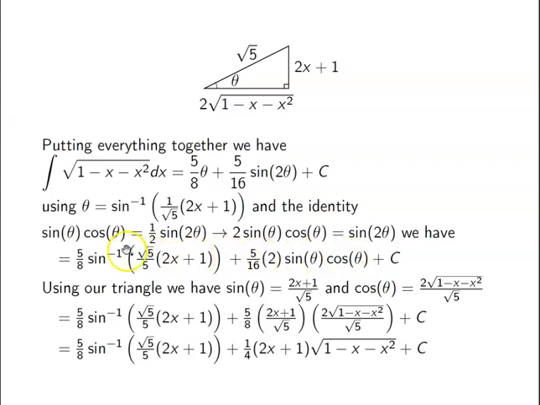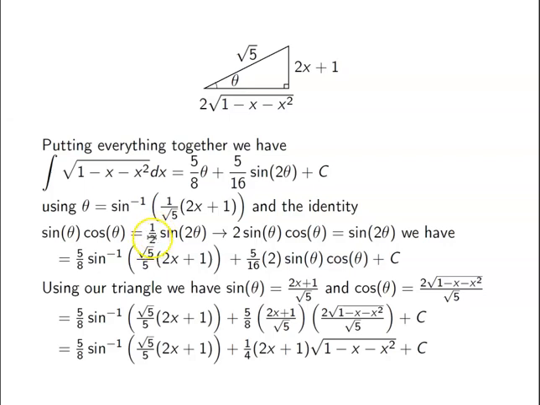Again, there are no thetas in my answer. Everything is back to x. I had to use my right triangle that I formed and that I solved for using the Pythagorean theorem. Again, plugging something in for sine of 2 theta using this would have been very, very difficult. So the goal is to try to get it back into sines and cosines. So I used my double angle identity in order to bring that back in, right?